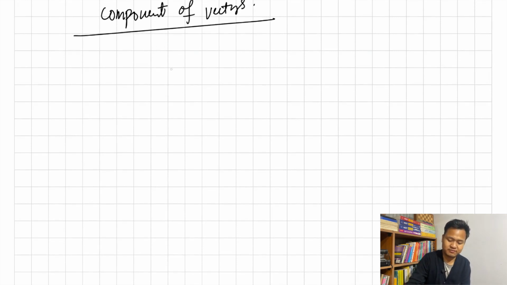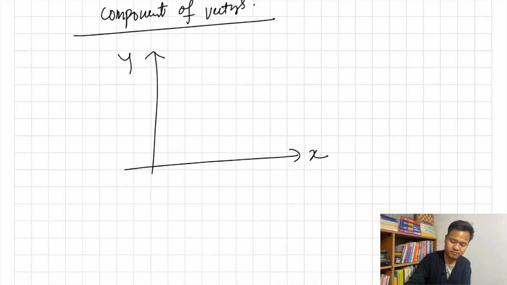So what is a component of a vector? Suppose I have x, I have y. If a vector is along the x-axis, then I have i cap. If it is along the y-axis, I have j cap. What happens when it is neither along x nor y?